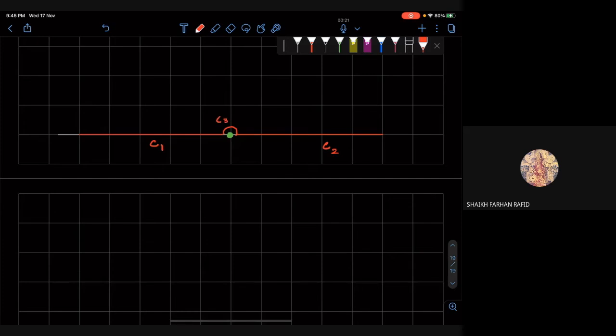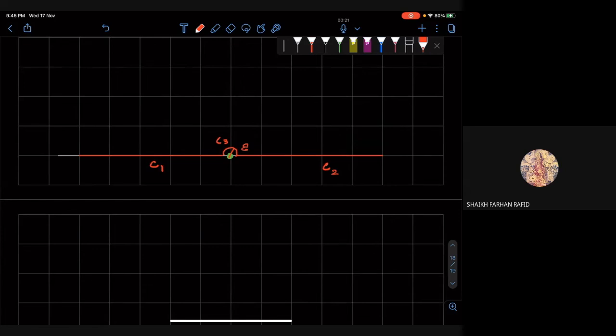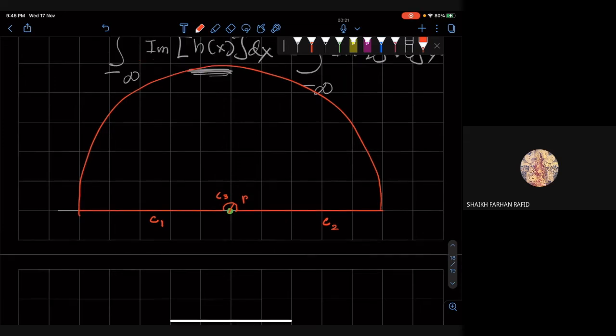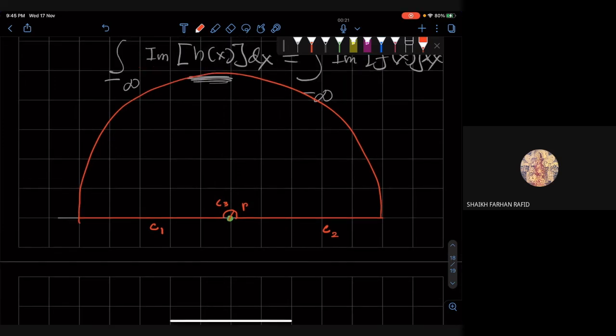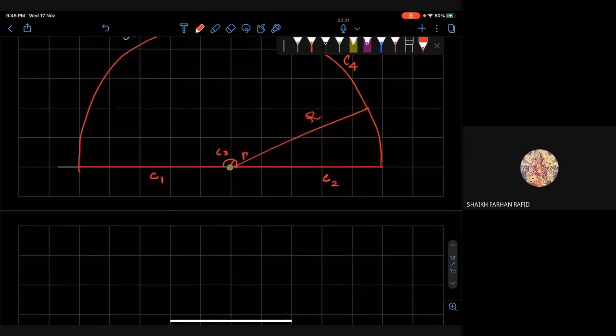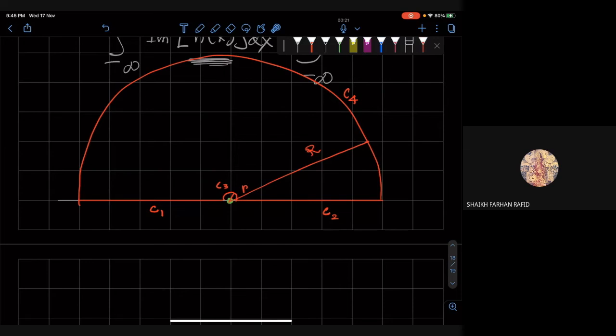This is C3. This is epsilon, or let's call it small r. Small r. And then we close this, and this is big R, and this is C4. So there are no singularities of that function inside this closed contour.